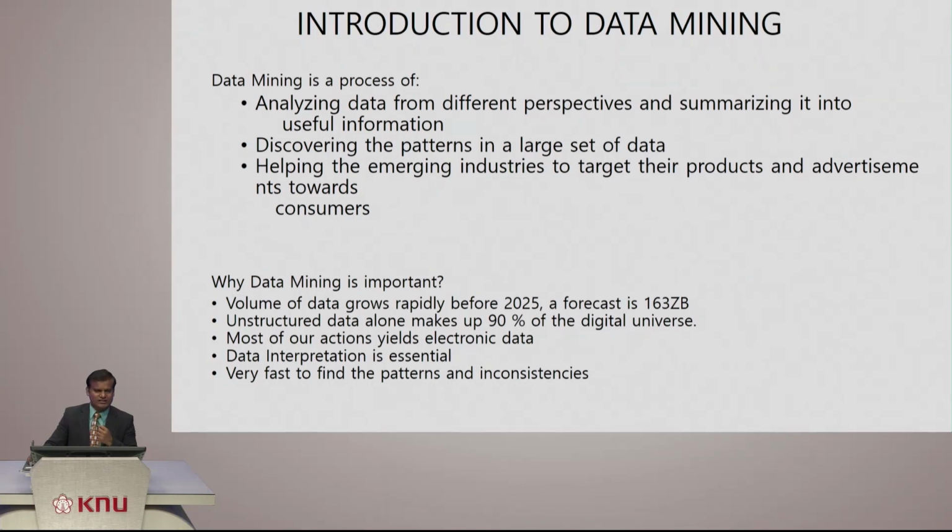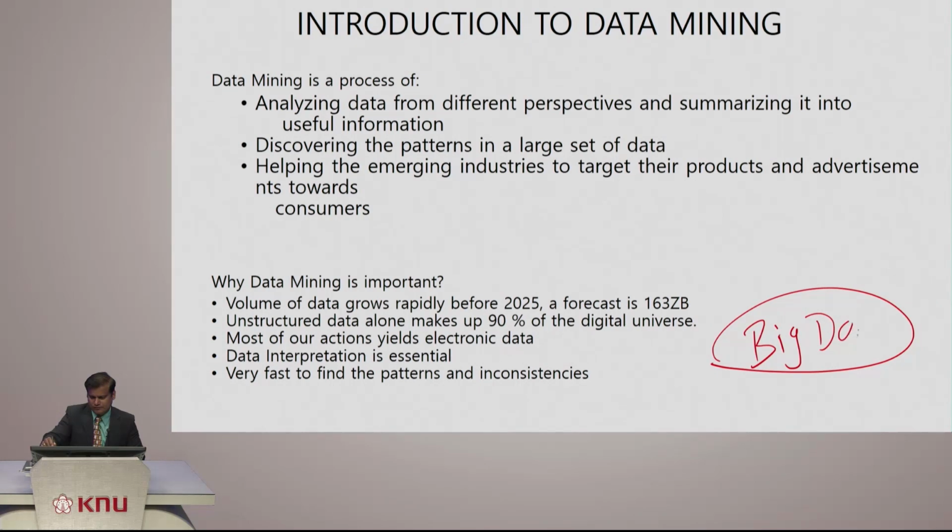One of the main reasons why we need data mining is that we have a huge amount of information available. We know that huge big data is there, and you can retrieve certain information from this huge data.